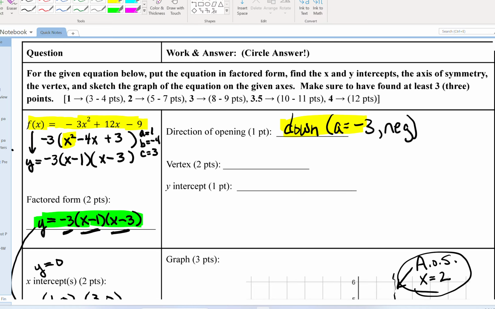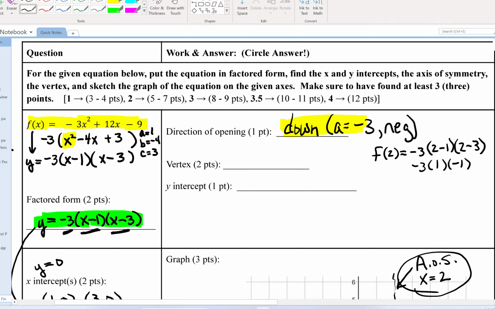So x equals 2. I've got f of 2. I'm going to use the factored form, at least first. Negative 3 times 2 minus 1, and then 2 minus 3. And so that's negative 3. 2 minus 1 is 1, and 2 minus 3 is negative 1.